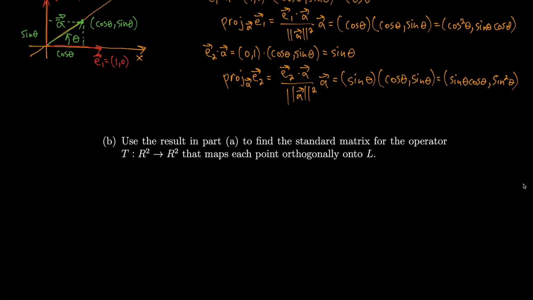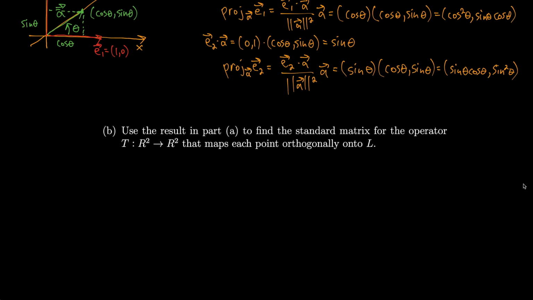Let's now use the result in part A to find the standard matrix for the operator T that goes from R2 to R2 that maps each point orthogonally onto L. So the matrix A will be built out of T of our standard basis vectors. So it's T of e1, T of e2.